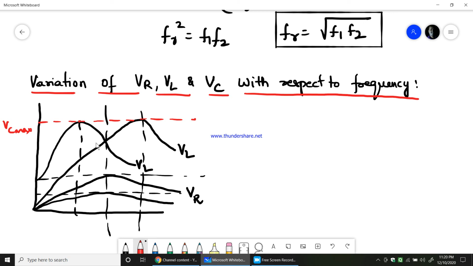This is the maximum peak value of the voltage across the capacitor, that would be equal to voltage VL max, the maximum inductive voltage. Now the frequency at which the maximum capacitor voltage appears would be fC max, and the frequency at which the voltage across the inductor will be maximum.